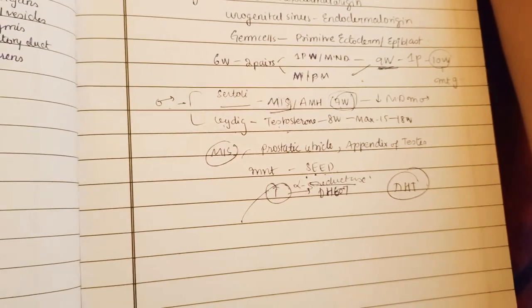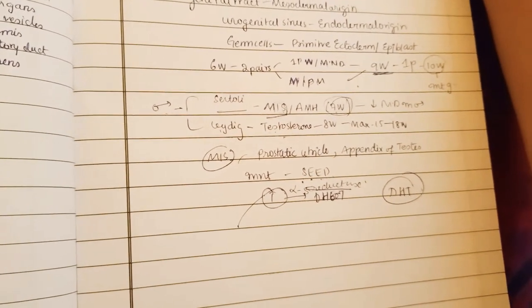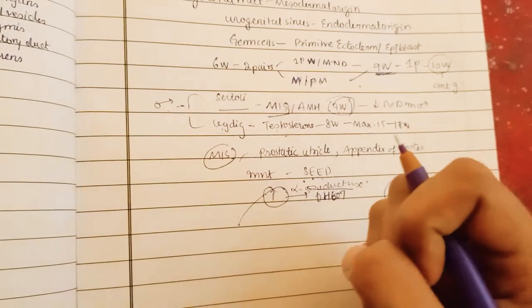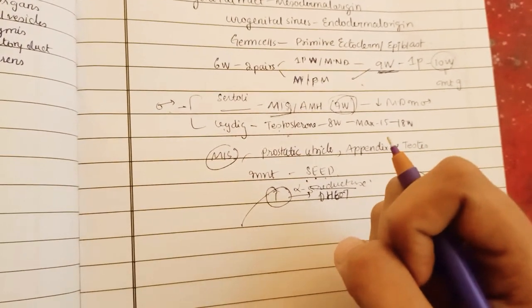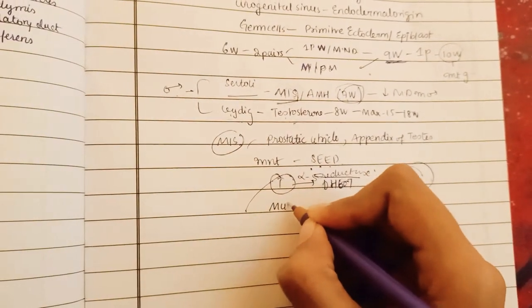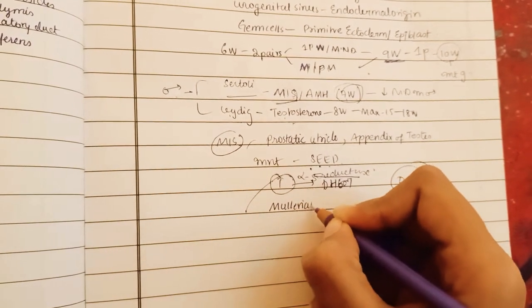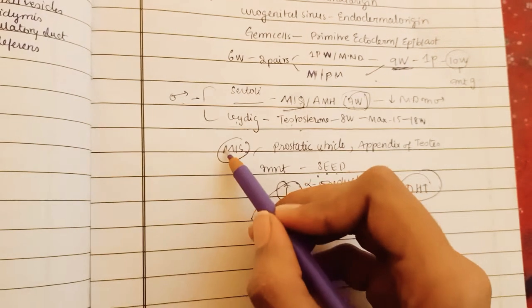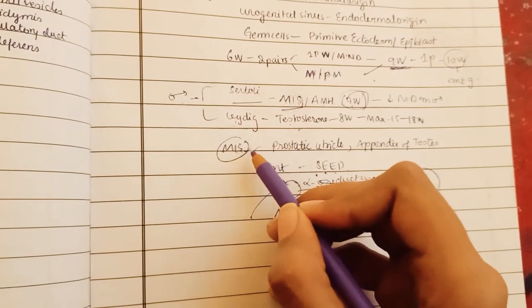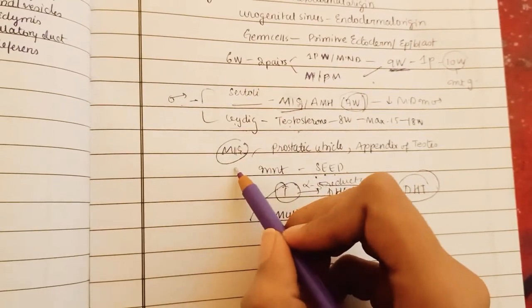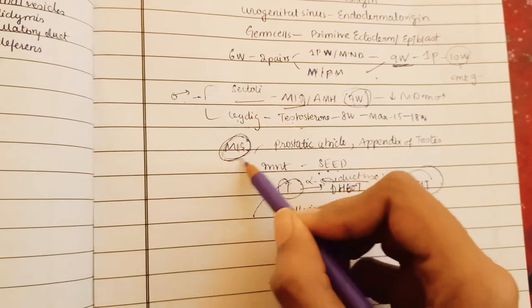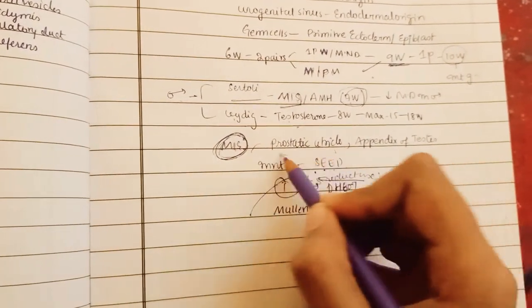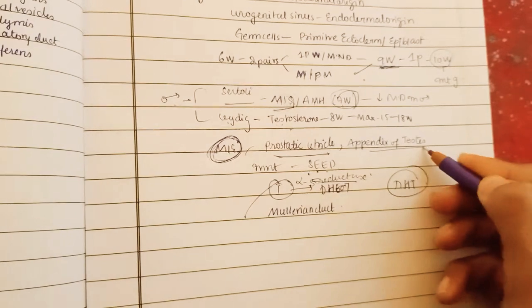next, coming to the appendix of testis. As we discussed, the appendix of testis is derived from Mullerian duct. Because we said that the Mullerian duct is not present now in adults, as it converts into prostatic utricle and appendix of testis.